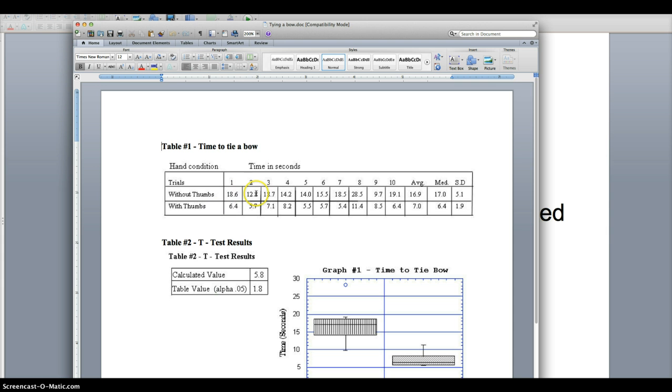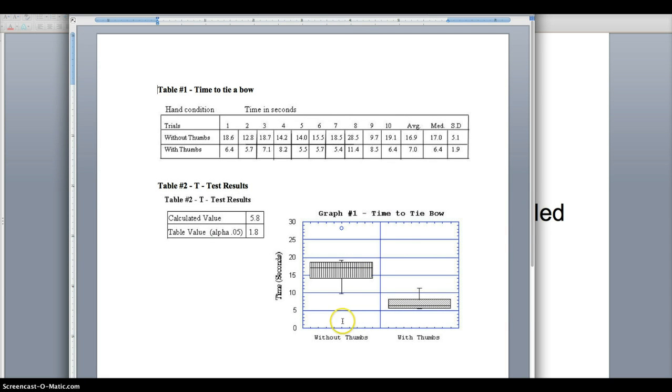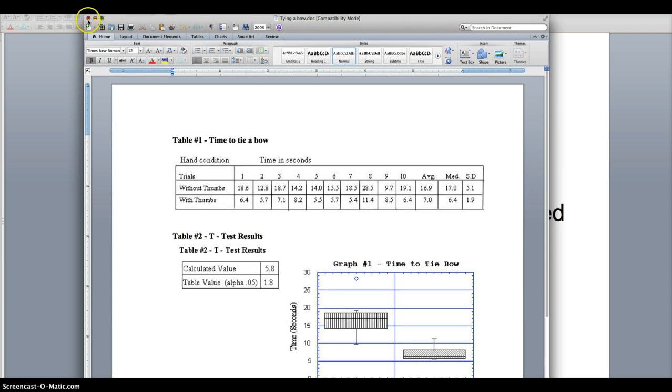So we can collect average times for all these participants and have another group, or actually it could be the same group, and collect time where they can use their thumbs. Results indicate that those without thumbs took much longer than those with thumbs. So that's just a brief example of a t-test.